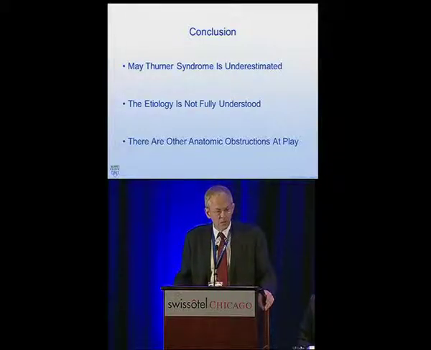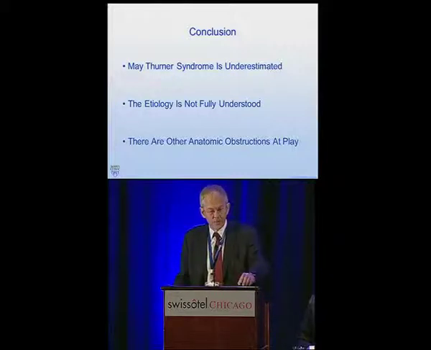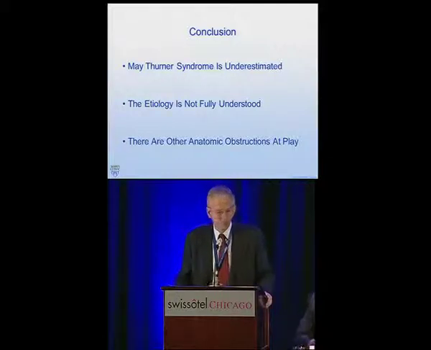I do not know if the etiology is still fully understood. There may well be an embryological factor in terms of the development of the veins, and there definitely seem to be other anatomical structures at play here. Thank you.